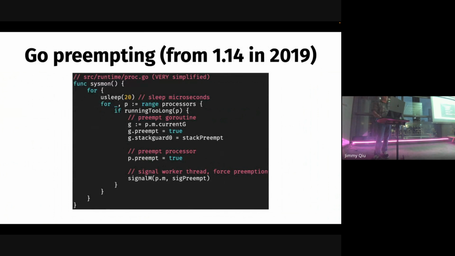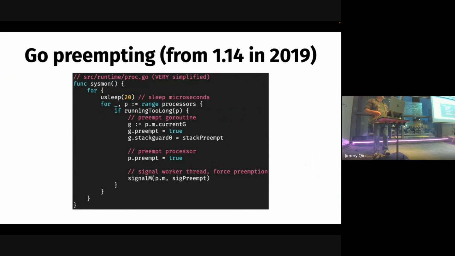This is not the case anymore, which is good. So Go from 1.14, which came out a few years ago. This at the top is all the same down to the preempt processor line. That's exactly what we saw before. So that puts an extra thing in there saying we're going to preempt the processor, and it does an extra step, which sends an operating system signal to the thread.